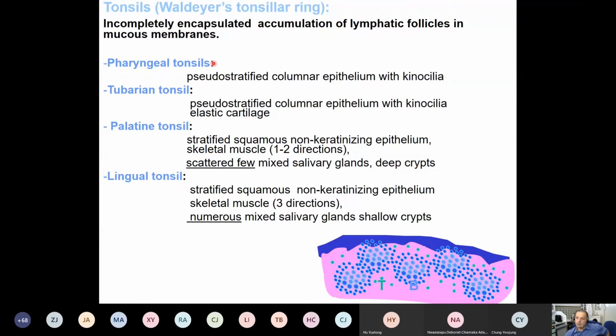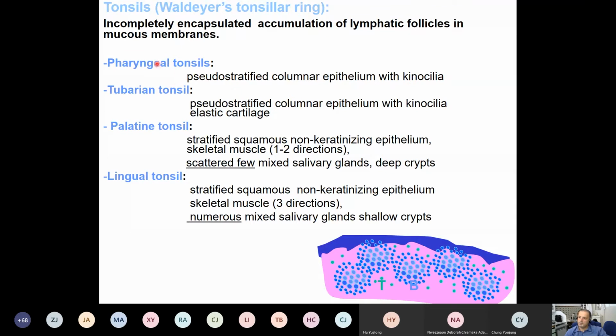If we take a tissue sample from the pharyngeal tonsil, which is in the epipharyngeal space, part of the respiratory system, or from the tubarian tonsil, situated in the torus tubarius in the epipharyngeal space, next to the pharyngeal orifice of the auditory tube, and you do a staining, you will find pseudostratified columnar epithelium with kinocilia in both, because we are in the respiratory tract, and you know that the respiratory tract carries this epithelium in the typical cases.